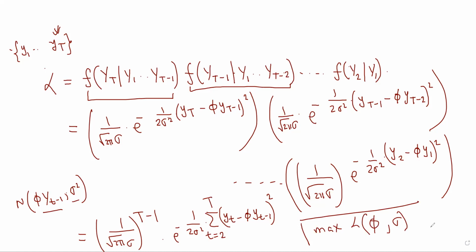Once you have found that, now you know the stochastic process. Yt equals phi yt minus 1 plus epsilon t, where epsilon t has mean 0 and variance sigma square. The only two parameters of your model were phi and sigma, and you've estimated them.